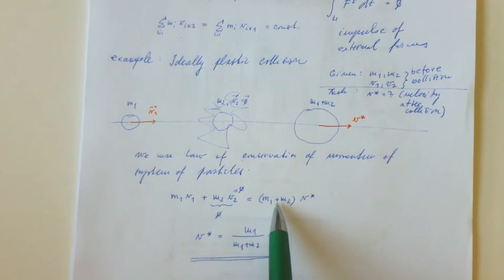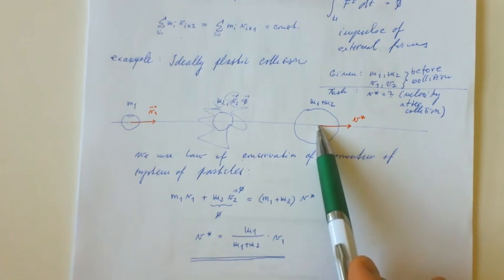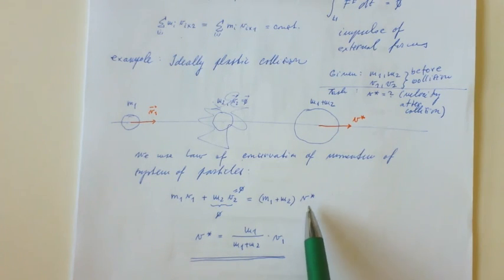It's m1 plus m2, and both particles continue with the same velocity. Okay, and from this we can very easily express v star. Yeah. So this is the final result.